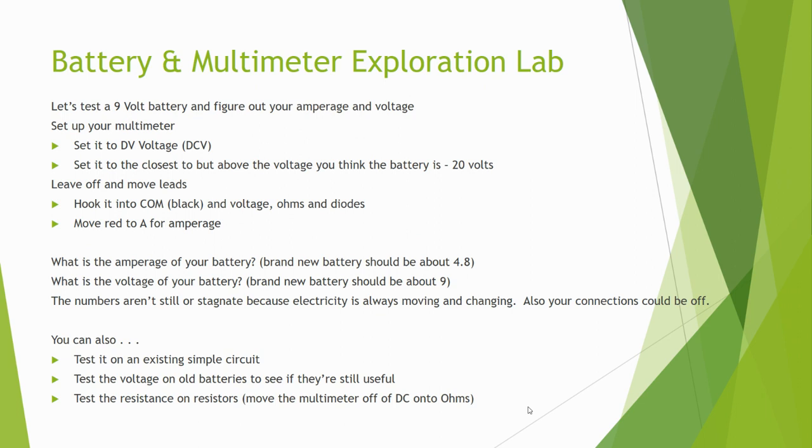The best way for you to do this is actually to pause the video at this point, leave these instructions on the sheet, or have your substitute teacher read through them, and then see if you can test a battery or several batteries. If the sub is comfortable with it, it's also a cool experience to build a simple circuit and then use your multimeter to test what the voltage is all throughout the circuit.